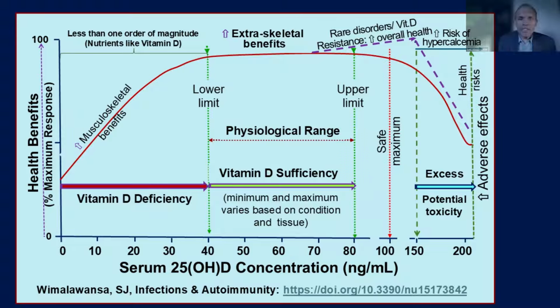Now, extraskeletal benefits occur beyond the musculoskeletal benefit, and continue for a while until it hits about the peak ranges. Now I'm going to show you particularly rare disorders, about 0.01% of the population, which is a very small amount.